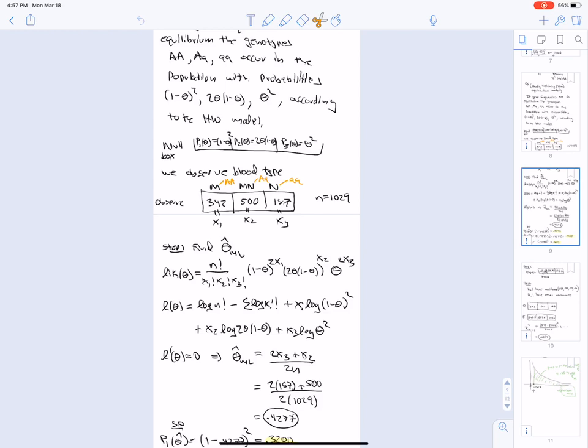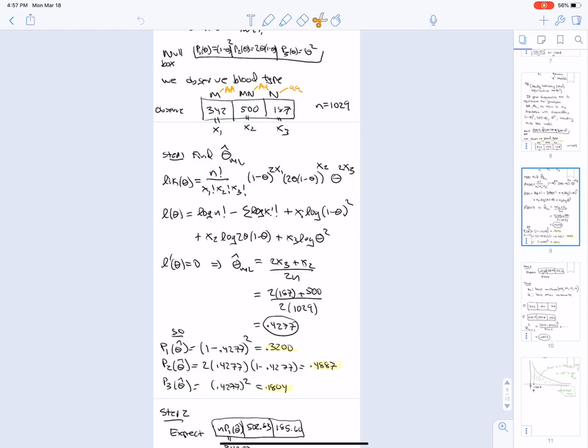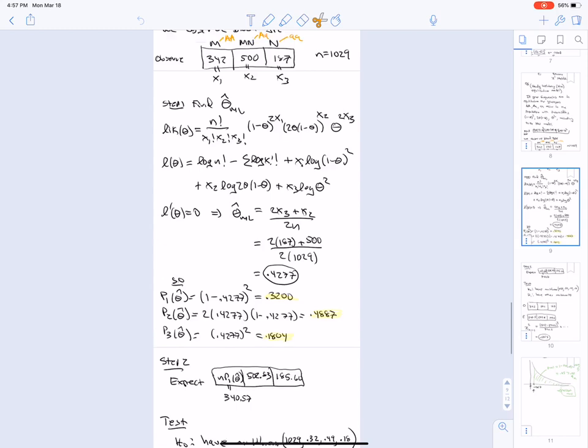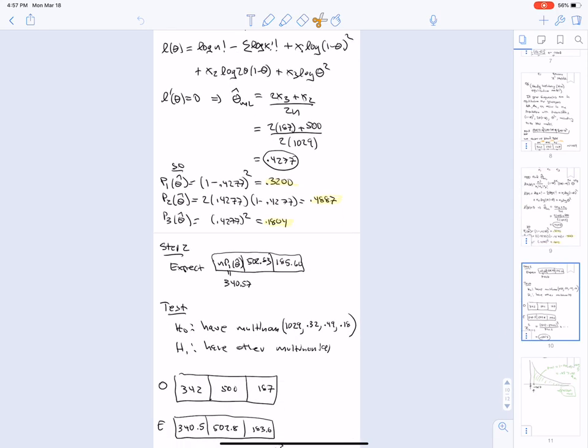So the cells M, N, and N correspond to genotypes, dominant, hybrid, and recessive. So step 1 is we do an ML calculation and get 0.4277. Then we can calculate these probabilities just using the formula of the Hardy-Weinberg model.